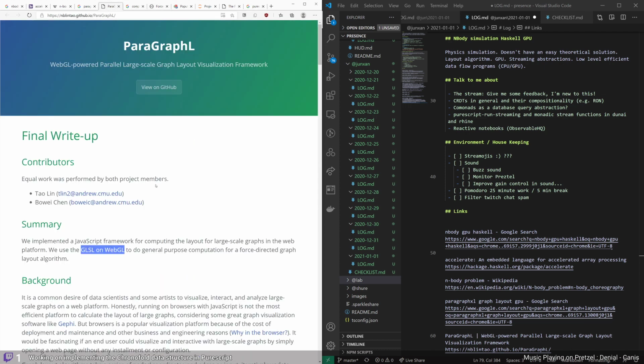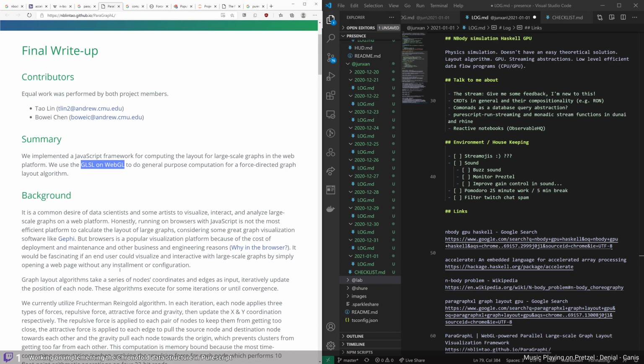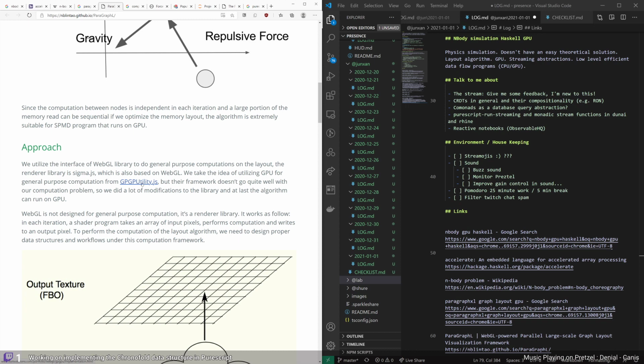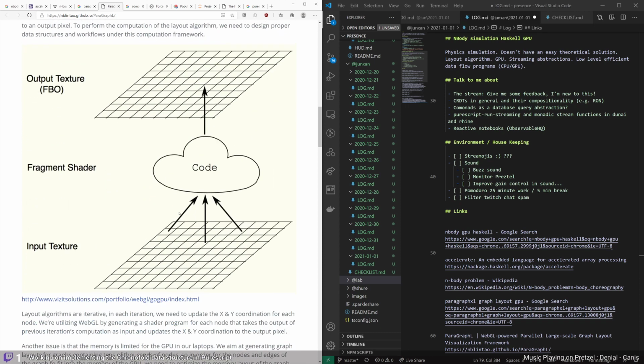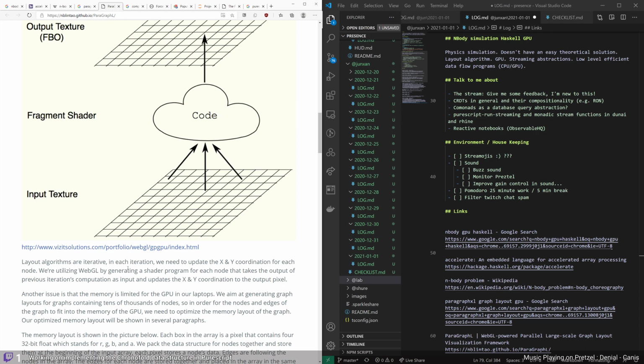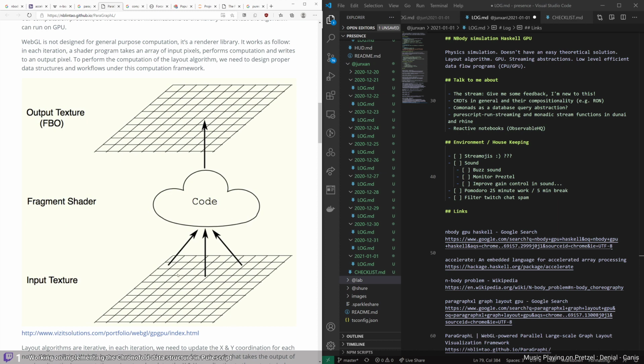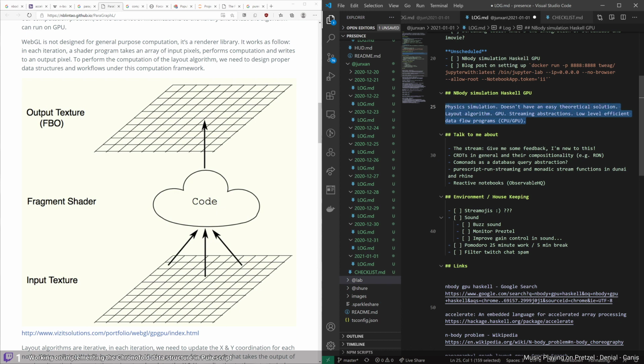But still, one thing really interesting here is that we have a JavaScript implementation that's based on this GPU utility, and a parallel algorithm of the NBody problem that can be executed in a fragment shader. So hopefully, if I start getting better at understanding these things in the Haskell context, and understanding better how those low-level efficient data flow programs look in Haskell, then I'll be better equipped to think about how to optimize things in the browser.